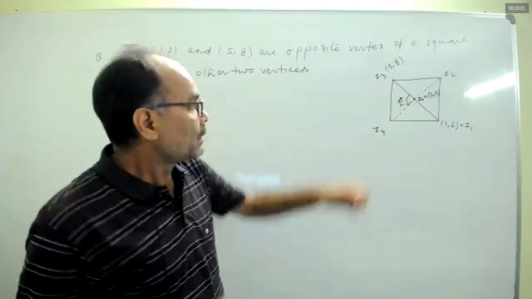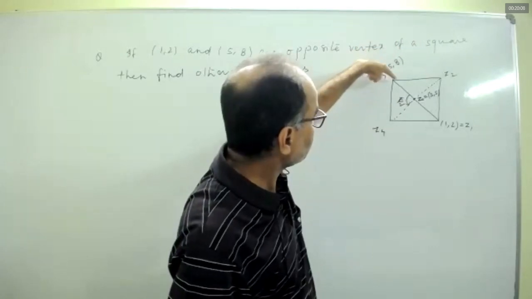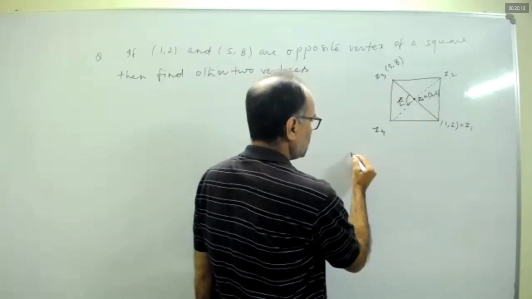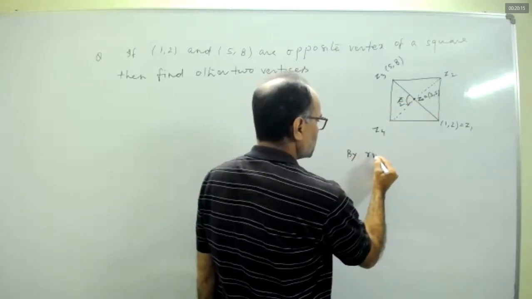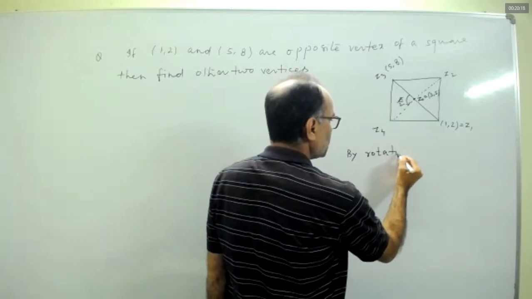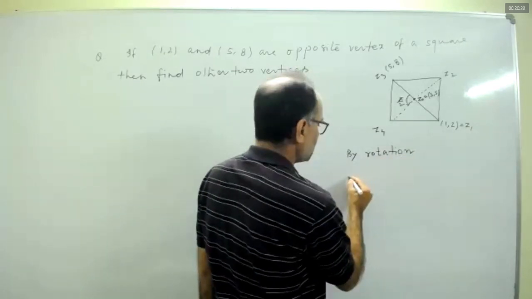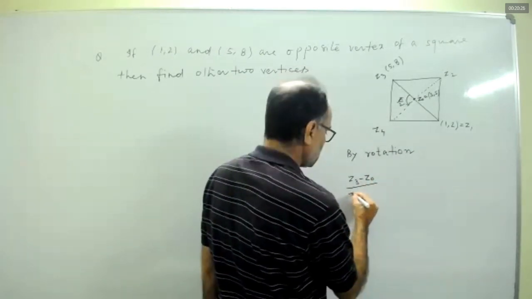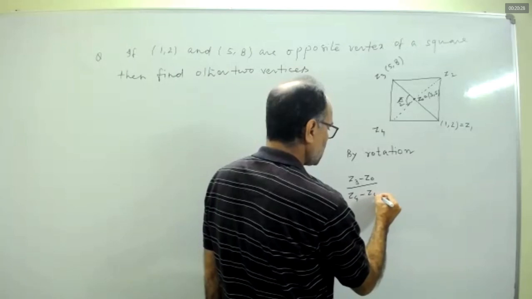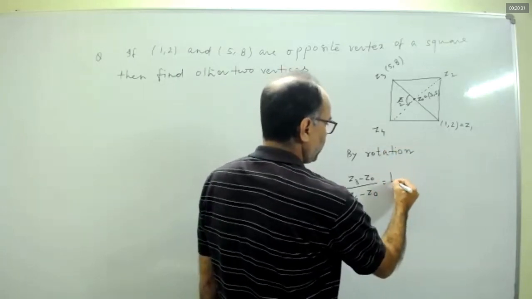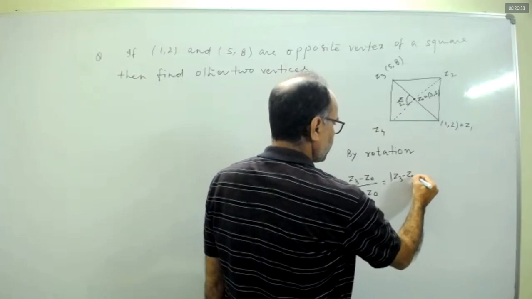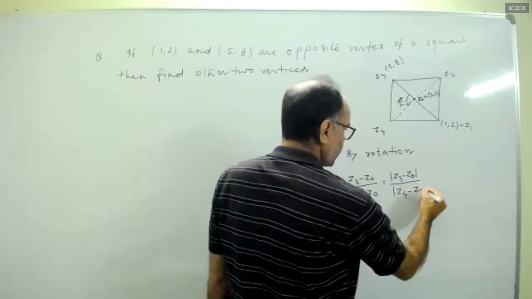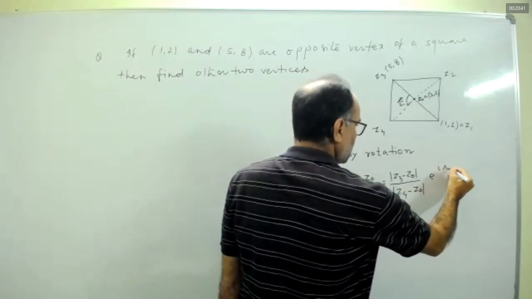So if we apply rotation, Z3 minus Z0 about this angle, by rotation, Z3 minus Z0 by Z4 minus Z0 equals, the modulus will be the same, both lengths are the same, times e to the power i pi by 2.